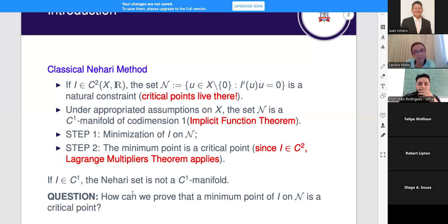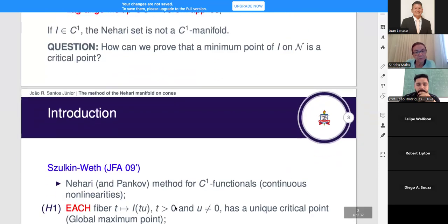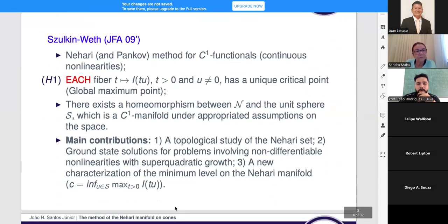So this question is very interesting, and in this paper, in 2009, Szulkin and Weth considered this situation.